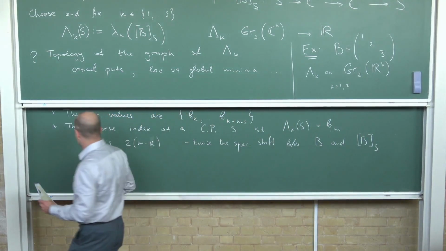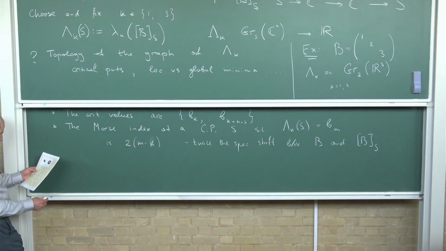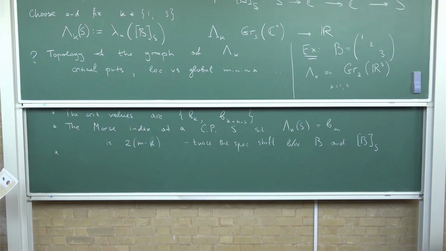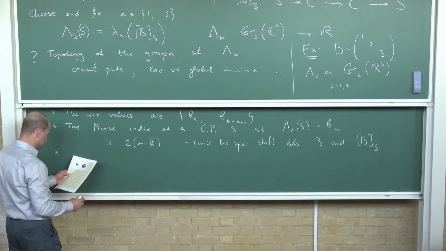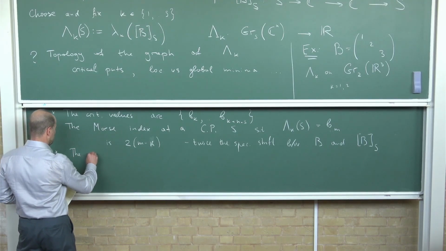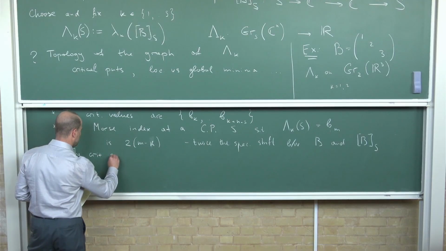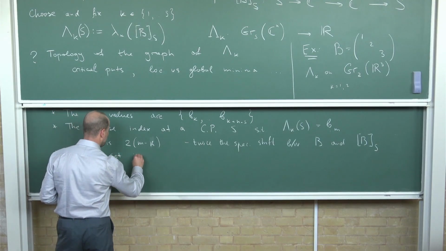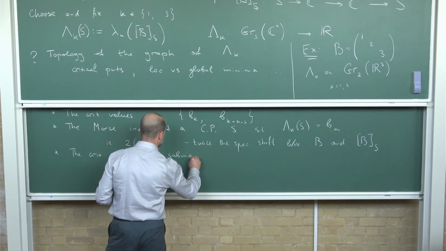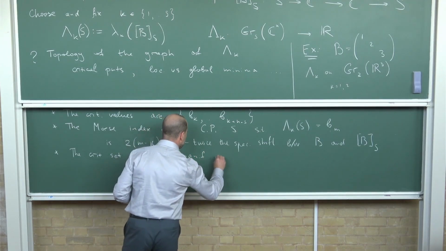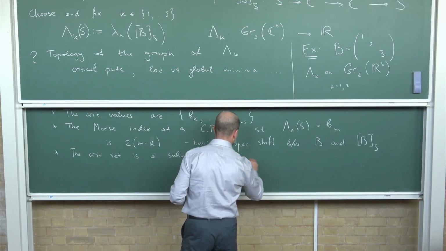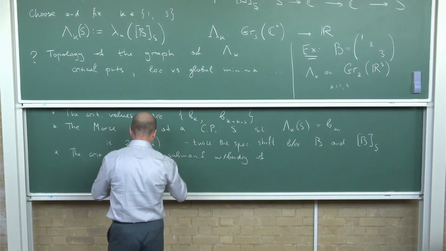And something that Susanna asked about is that the critical set is a submanifold with boundary of the sub-Grassmannian.